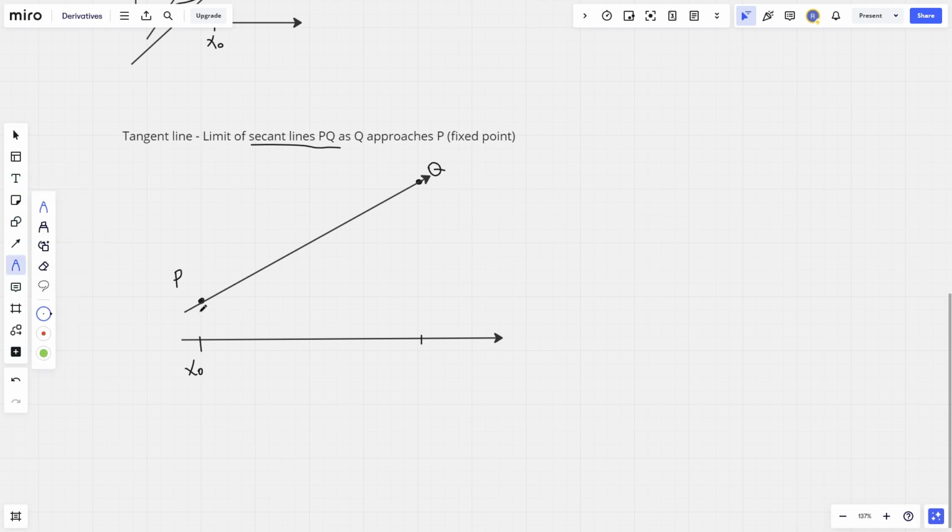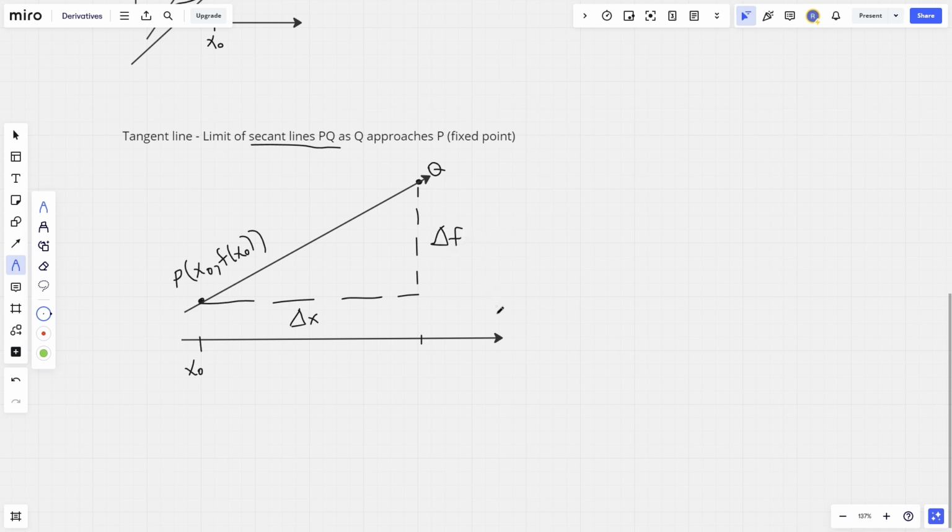So let's define, we already know this point is x0 and then f of x0, right? And this distance here is the change in x. So we will denote this as delta x, which stands for change in x, right? Point P is at x0 and f of x0. And this would be the change in the function, so delta f, change in the function.